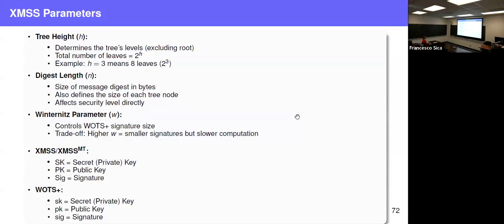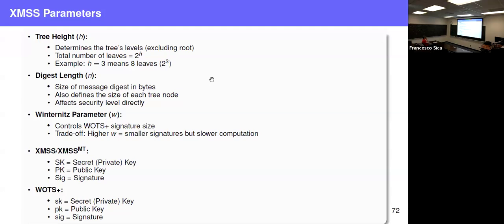And XMSS parameters. You remember that the WOTS parameter was W, and for XMSS we also have H, which determines the number of leaves, the number of private keys used during the process.